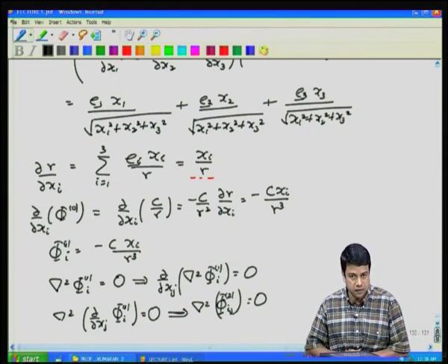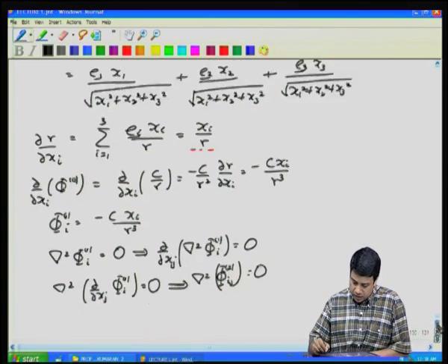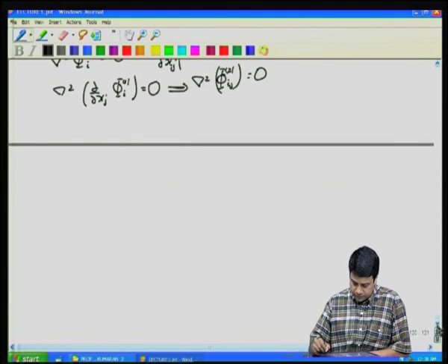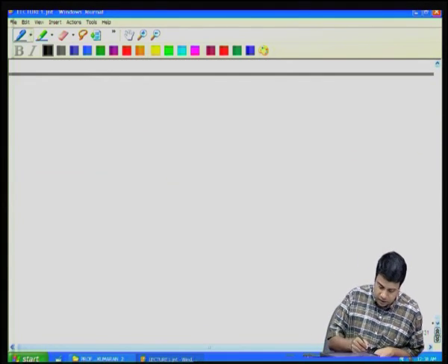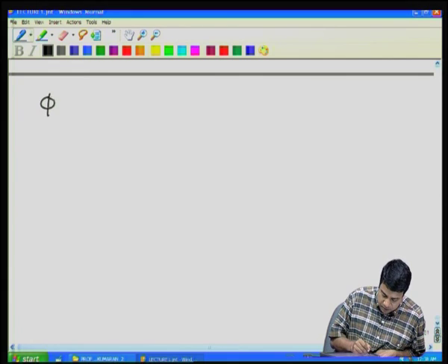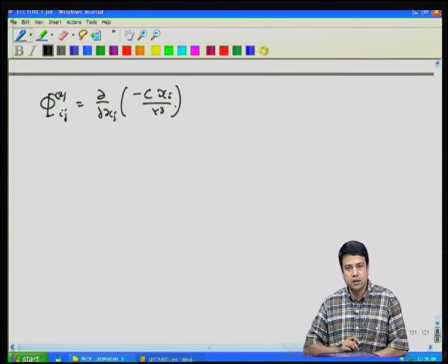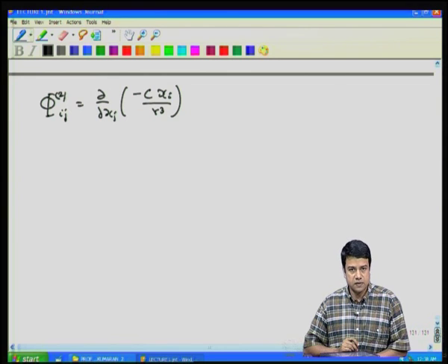It is a second order tensor. Get it by taking the gradient of the first order tensor. I will define it only within a multiplicative constant, phi 2 i j is equal to partial by partial x_j of minus c x_i by r cubed. I have to do the differentiation of this using the chain rule, because I have x_i in the numerator and r cubed in the denominator.